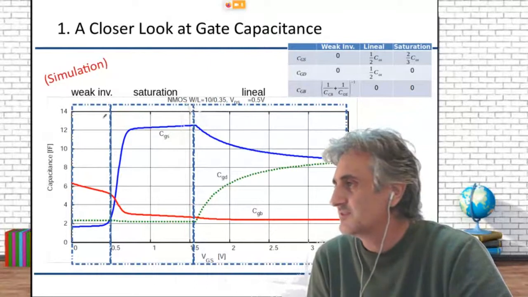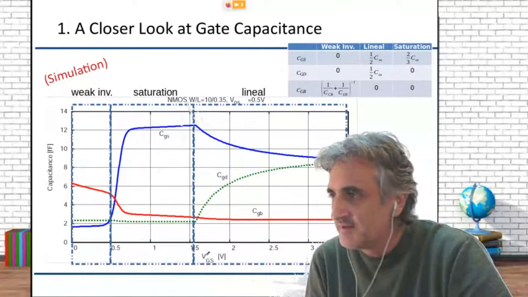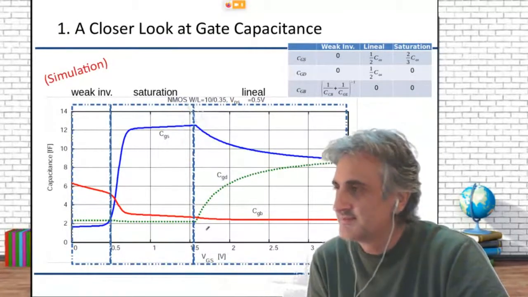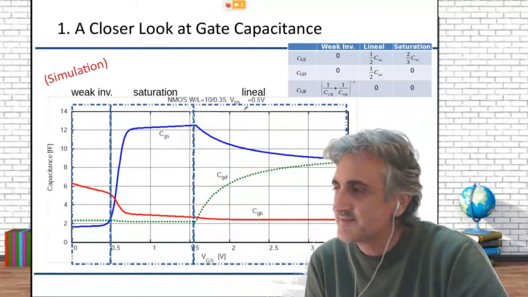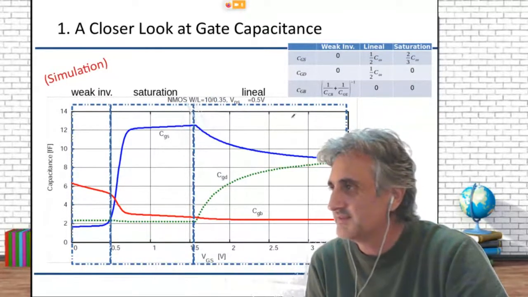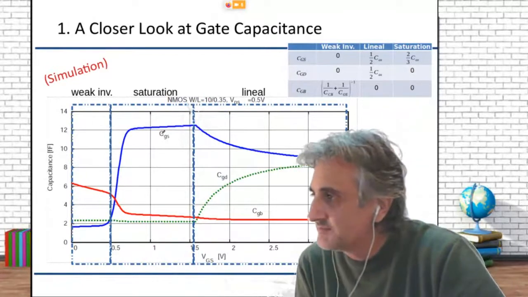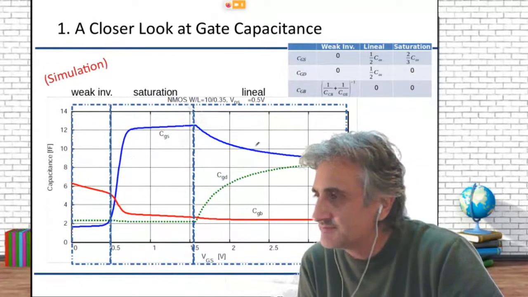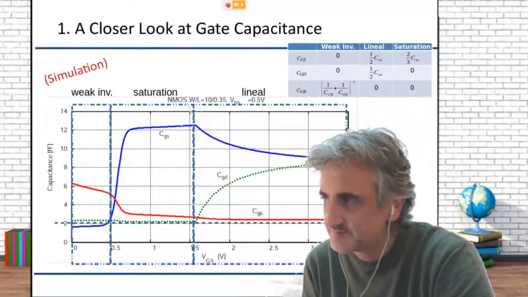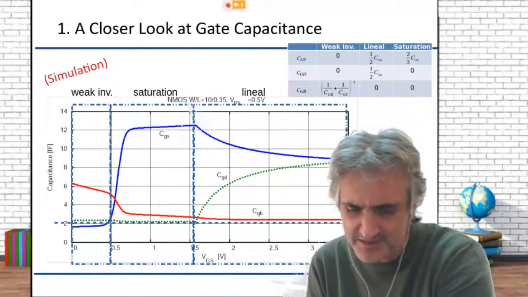This is the weak inversion region below the threshold voltage. Then VGS is over VDS plus VT, and we have the linear region. As you can see, this is not constant, neither 0. But okay, this is engineering.